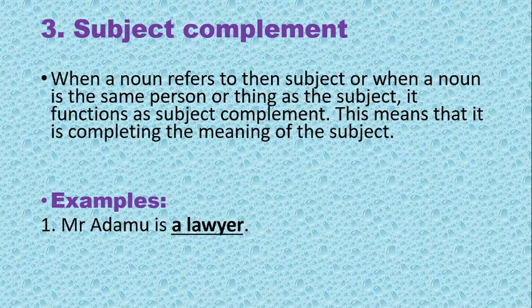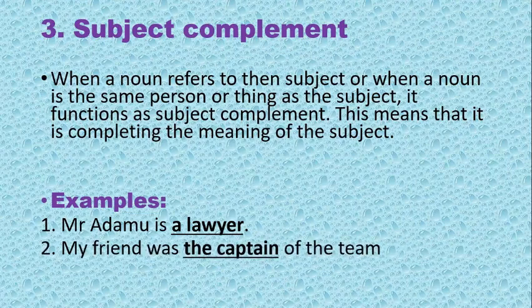Example of this: Mr. Adamu is a lawyer. Mr. Adamu is a noun, a lawyer is a noun. So this lawyer is referring back to Mr. Adamu, is completing the meaning of Mr. Adamu. And usually we have the primary auxiliary verb, the be verb is or are, as the verb before the subject complement.